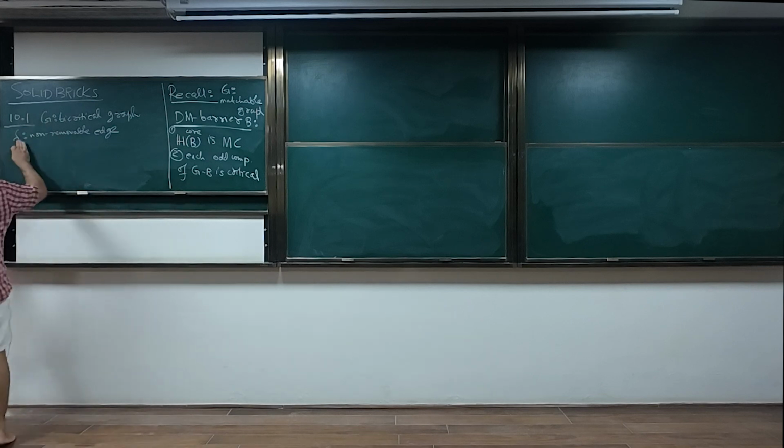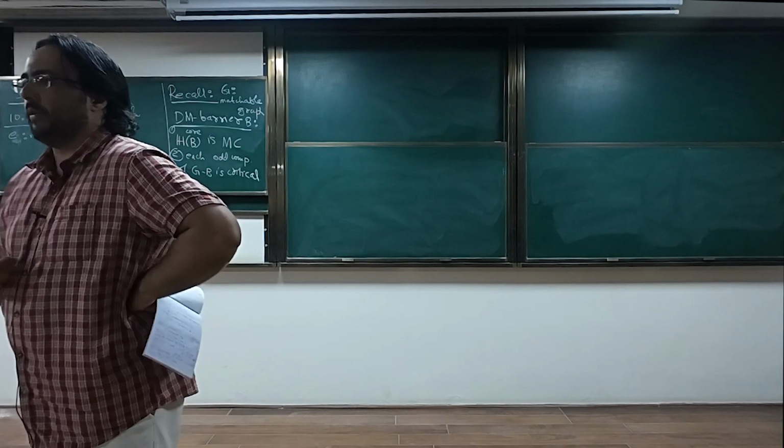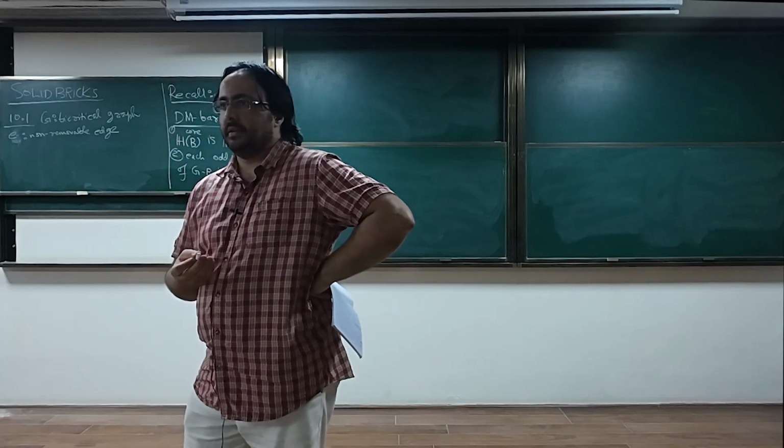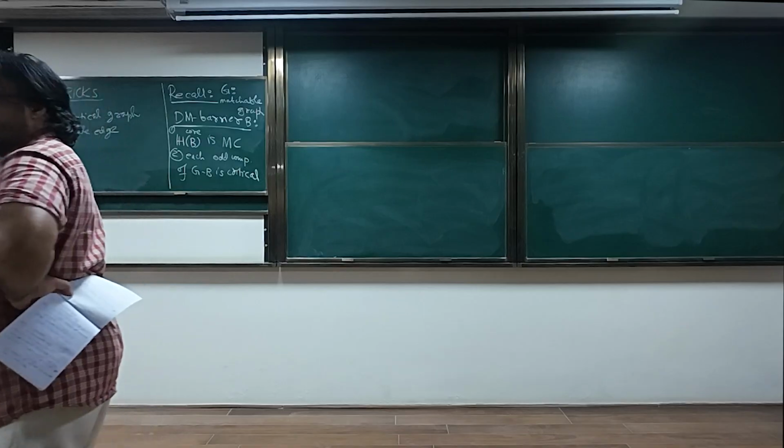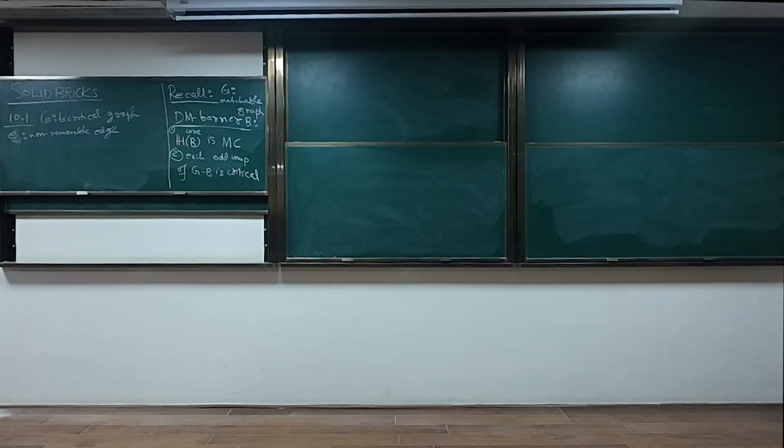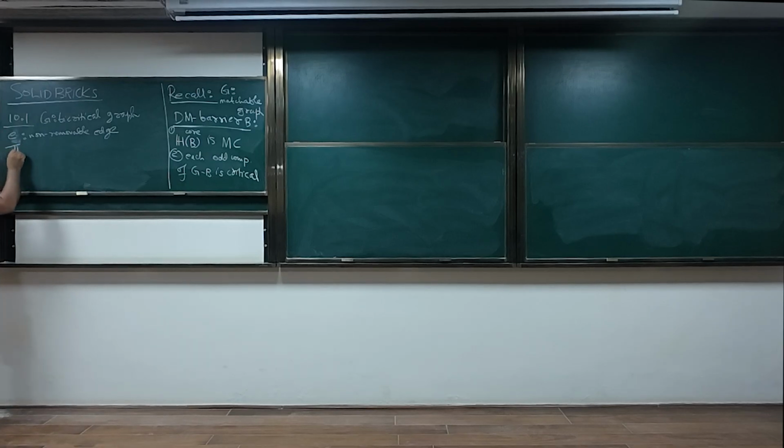E is a non-removable edge. Well, because it is not removable, when I delete the edge, the resulting graph is not matching covered. Therefore, there are edges that are not matchable. Therefore, there is a barrier that will contain the ends of such an edge.